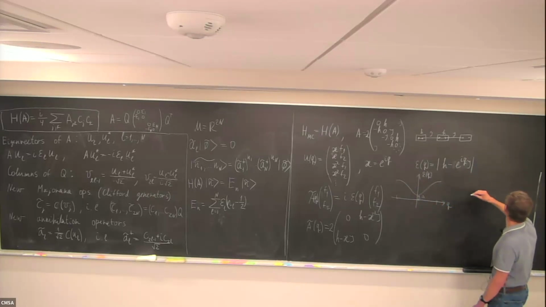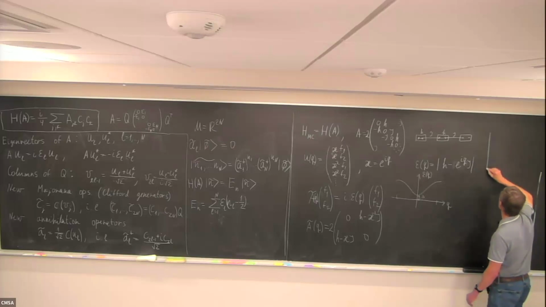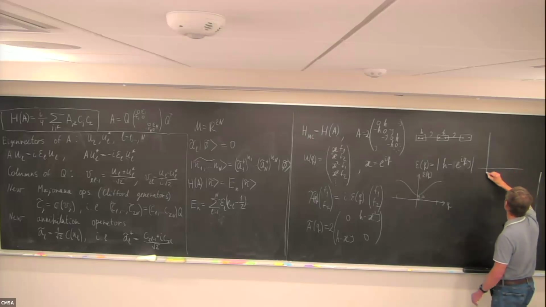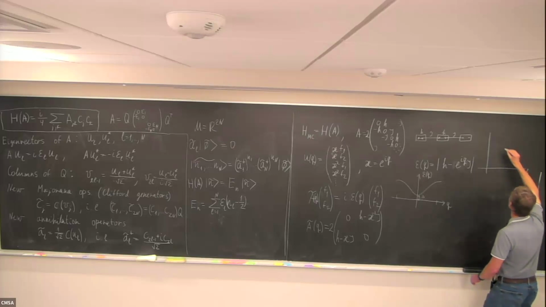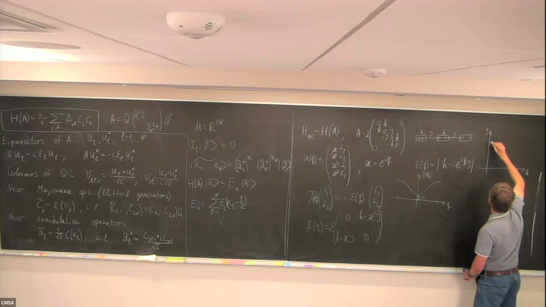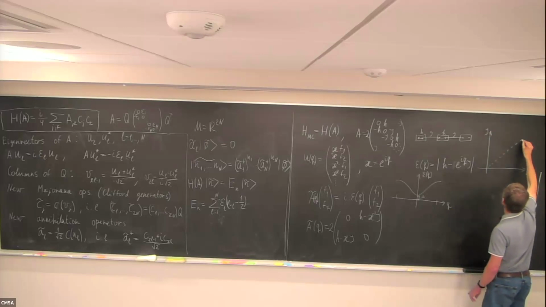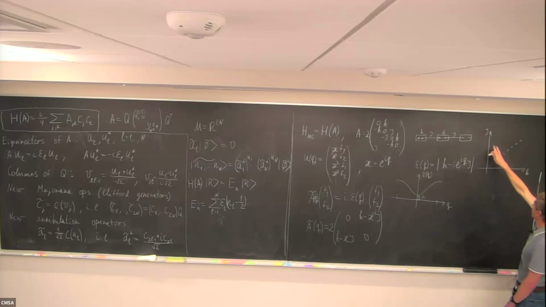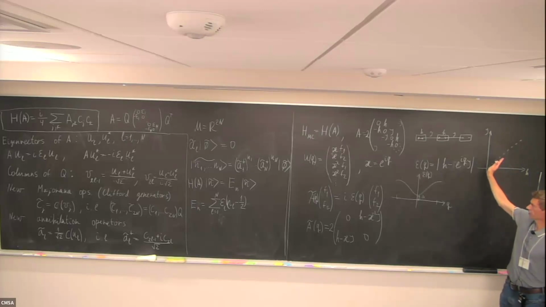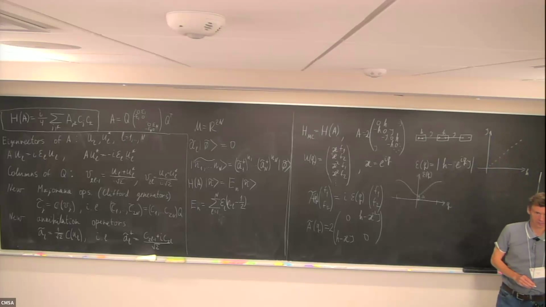And we can also draw a phase diagram. And there is a phase transition. When H equals J, at this phase transition, the energy gap vanishes.